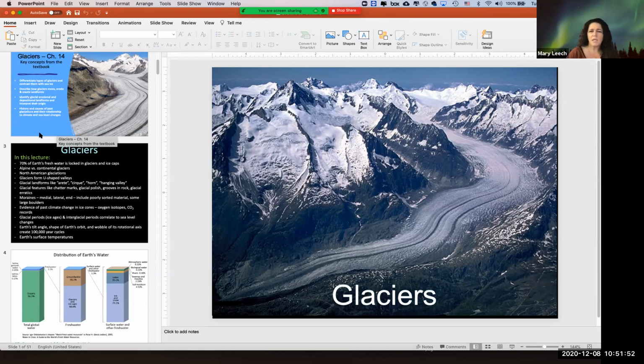So I'll sneak it in that way, but I'm not going to talk about the windblown processes that are active in desert landscapes, because I felt like there's less of a chance you're going to find yourself in a desert terrain than near a glacier, especially if you're a skier.